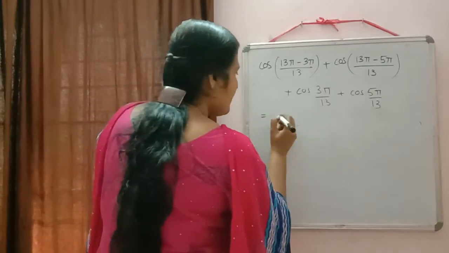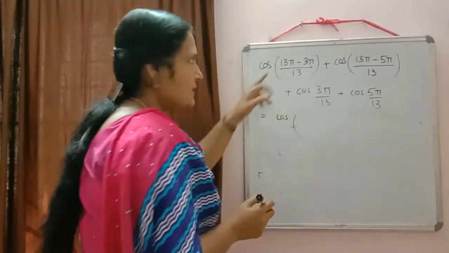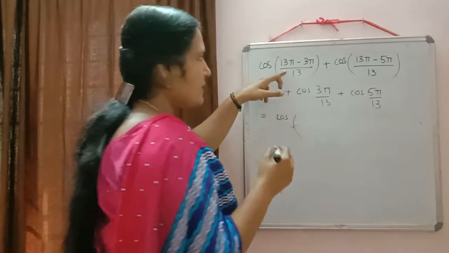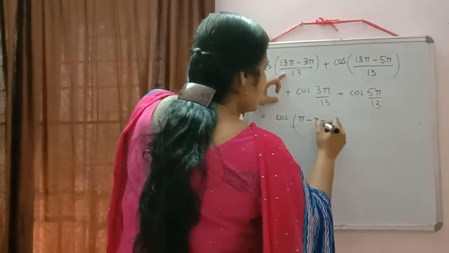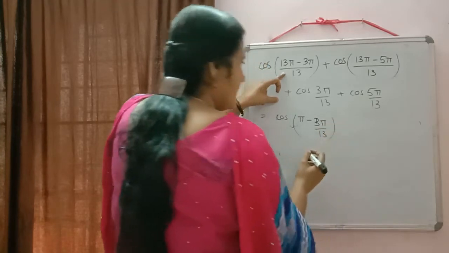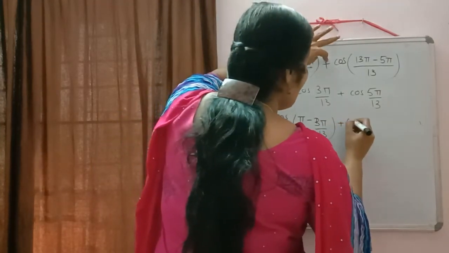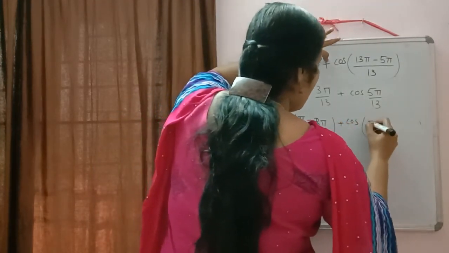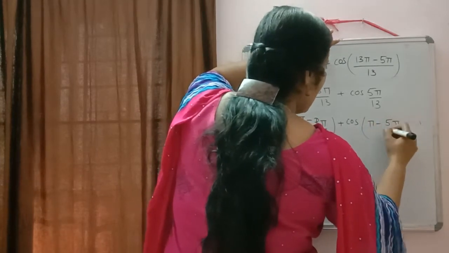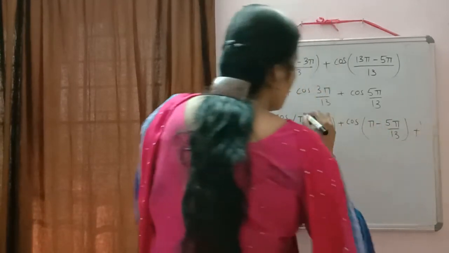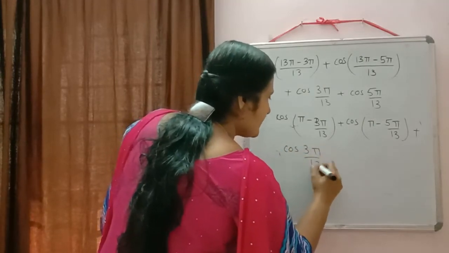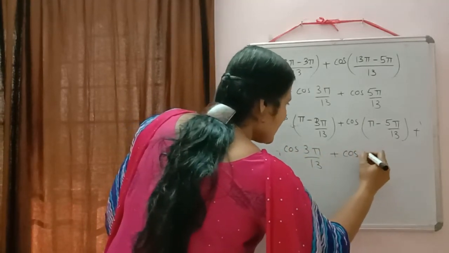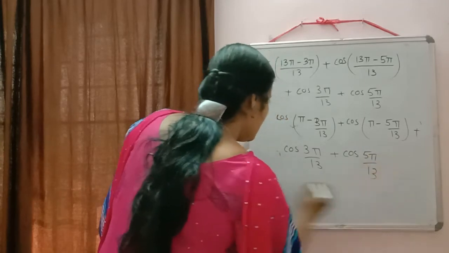So now one step I am removing there. 13 pi by 13, so 13 and 13 will get cancelled. We will get cos (pi minus 3 pi by 13). In the same way here also cos (pi minus 5 pi by 13) plus the remaining two we will write as it is, cos 3 pi by 13 plus cos 5 pi by 13.